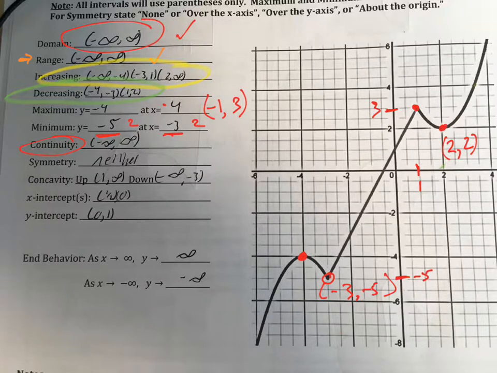Symmetry, actually looks like there is some symmetry here. It's actually symmetric about this point right in between here and here, which is what, -3 and 1. So it's symmetric about this point right here.